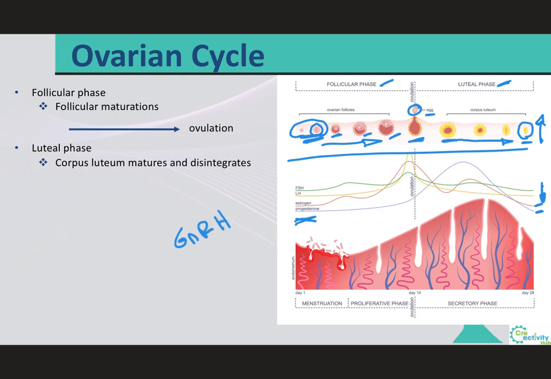This hormone triggers, in return, a rise in follicle-stimulating hormone, represented by the green line, and luteinizing hormone, represented by the yellow line, productions by the anterior lobe of the pituitary gland, and this rise stimulates another period of follicle development.